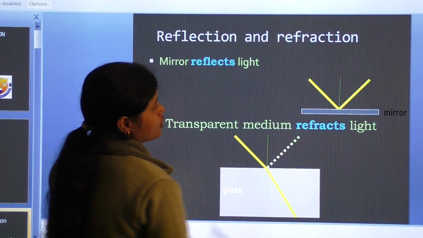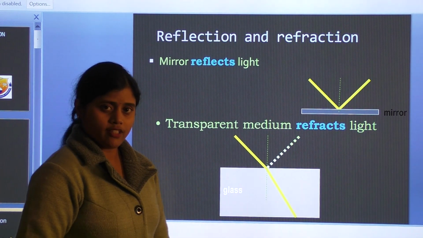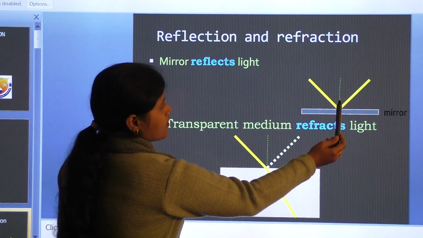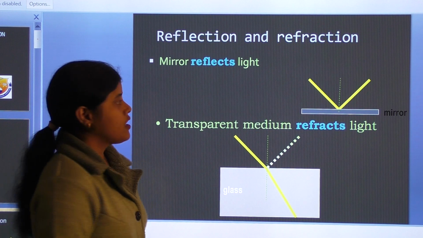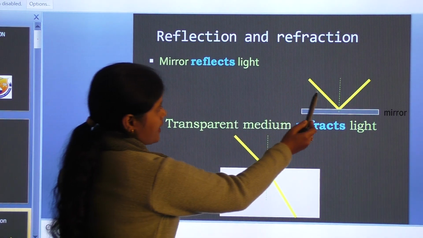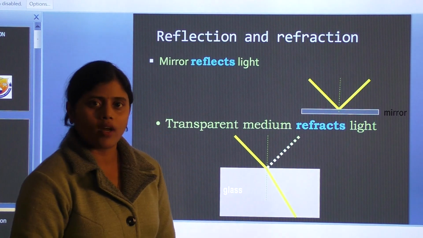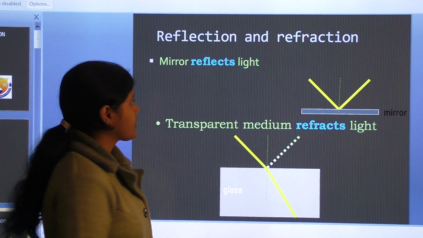And this is the normal. According to the law of reflection, the angle of incidence is equal to the angle of reflection, and the incident ray, the reflected ray and the normal all lie in one plane. So this is all about reflection of light.